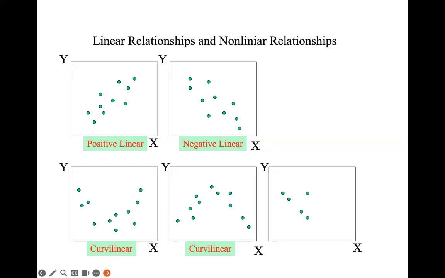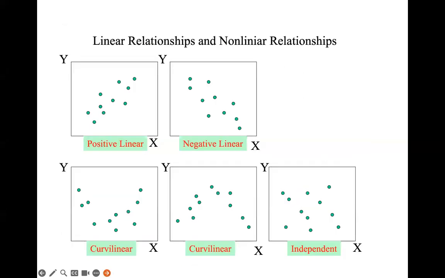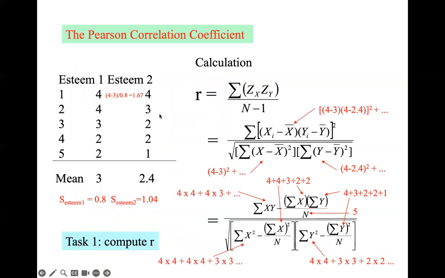And lastly, when the dots are independent, which means there's no discernible relationship between X and Y. So the Pearson product moment correlation follows this formula. Of course, it is very important that you be aware of how the two should be computed.